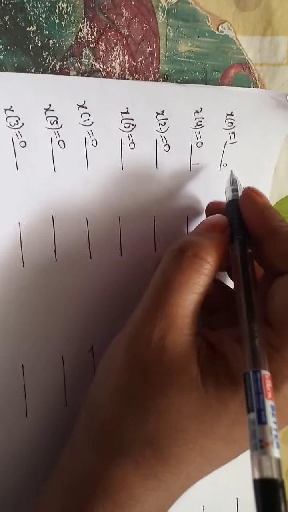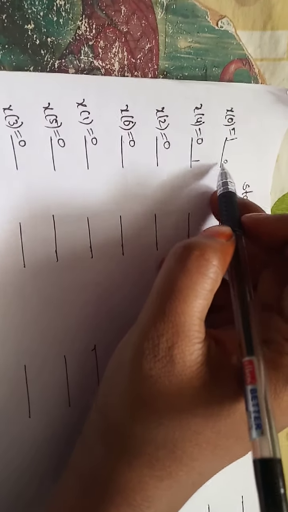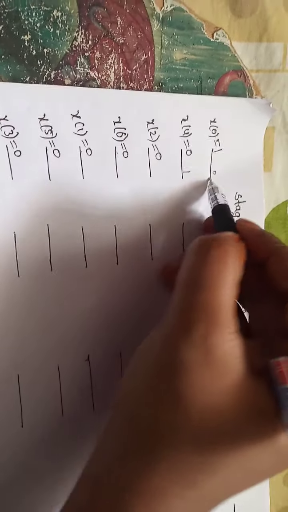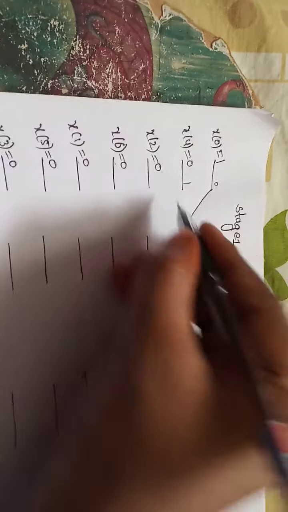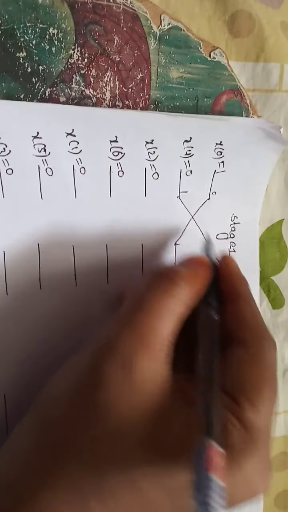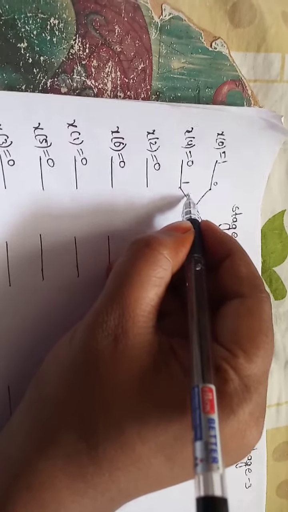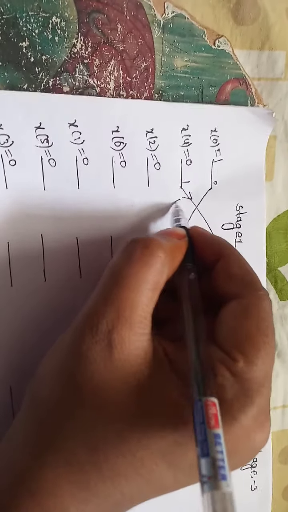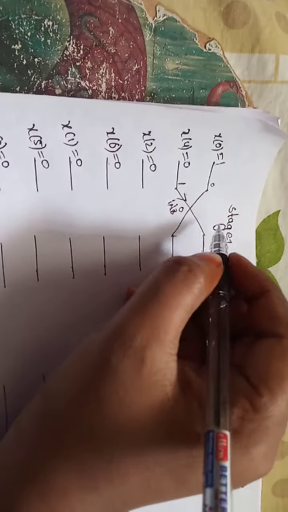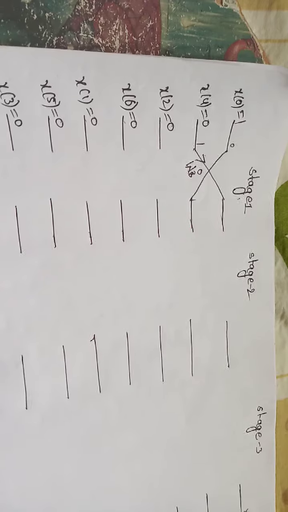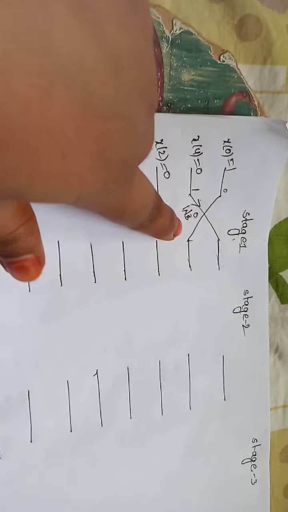Previous value also we are considering here, 0, 1. So 0, 1 is connected as a butterfly principle. So here the factor is W8 power 0. So for stage 1, we got only one twiddle factor, that is W8 power 0.